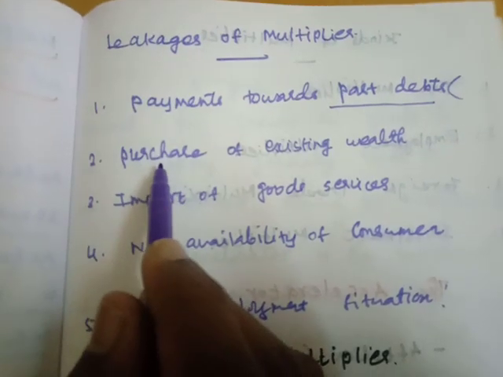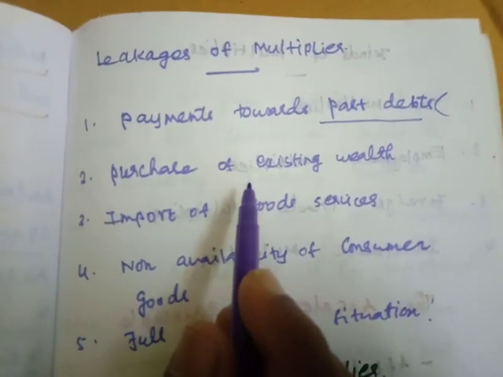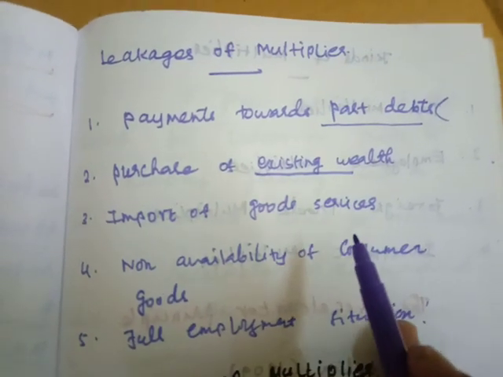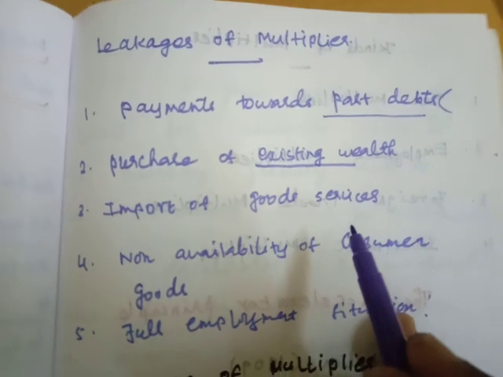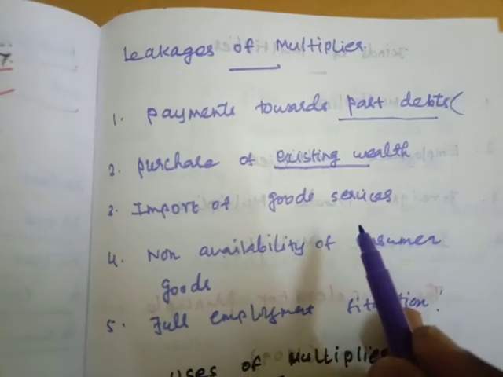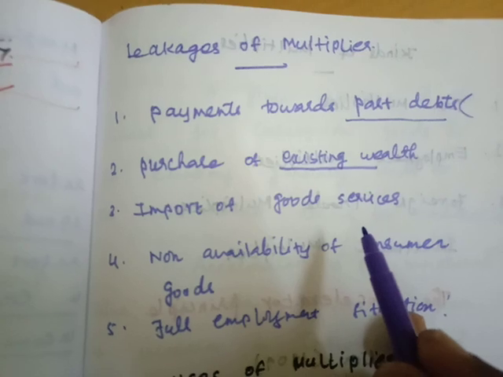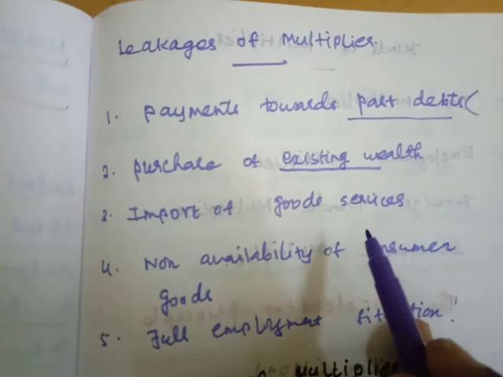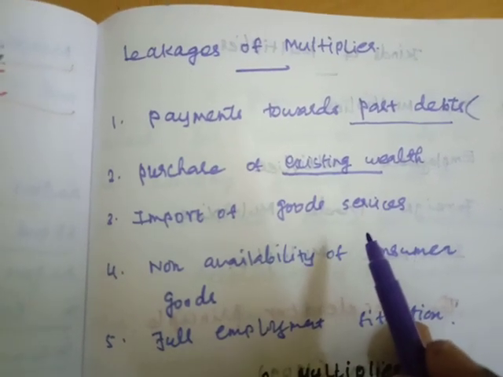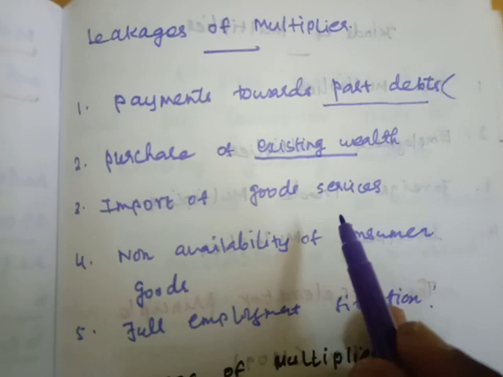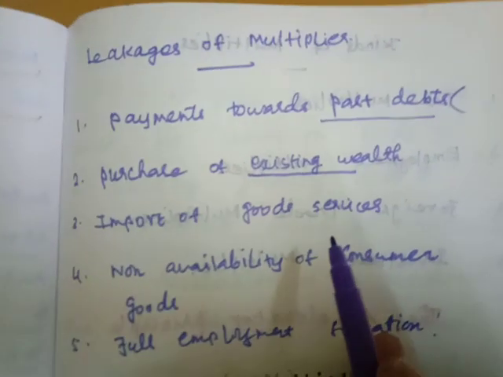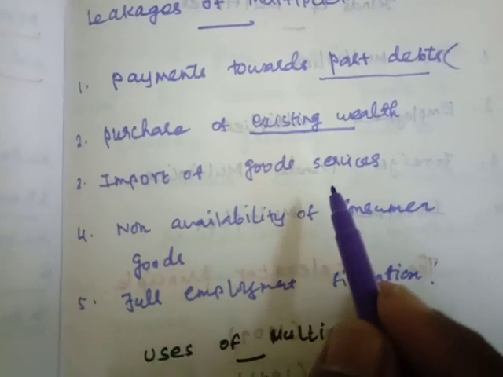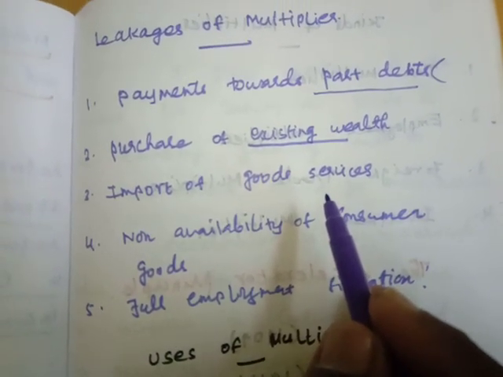The second one is the purchase of existing wealth. If income is used for purchasing existing wealth, such as land, building, shares, machinery or a car that we already have, the money is just circulated among the people and never enters into consumption.